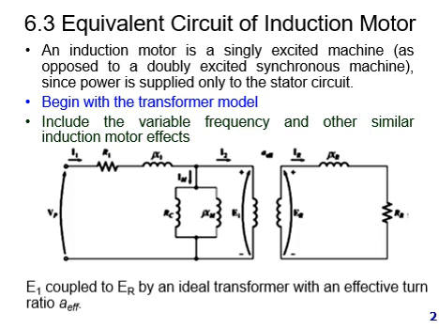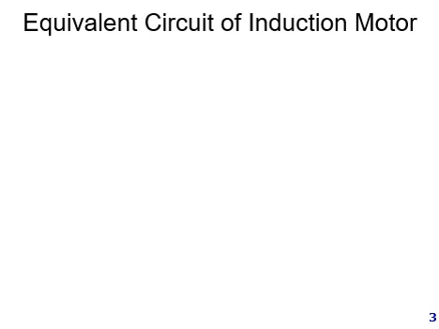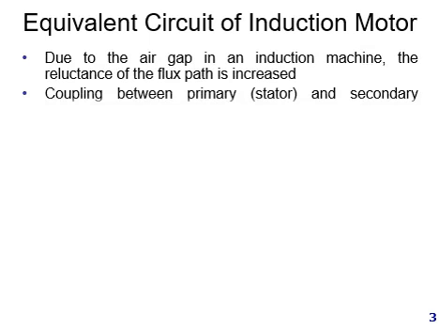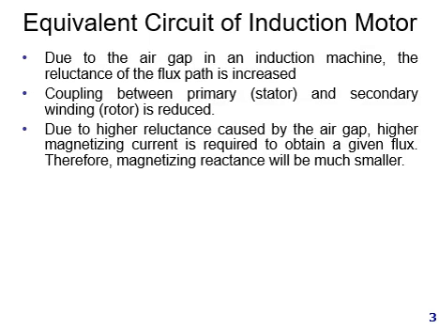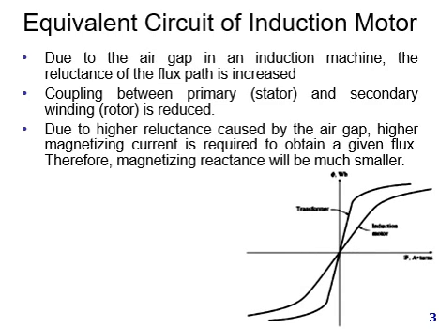This E1 and ER are coupled with each other by an ideal transformer with effective ratio a_eff. Since there is an air gap in an induction machine, the reluctance of the flux path is increased.